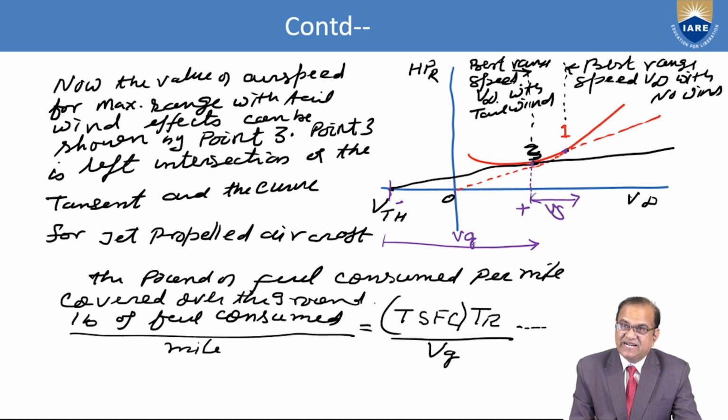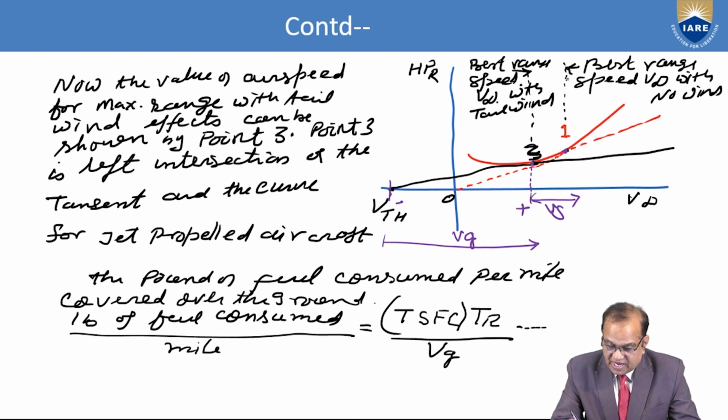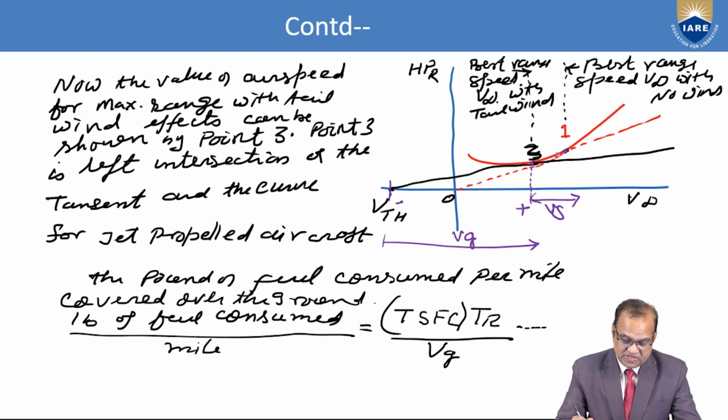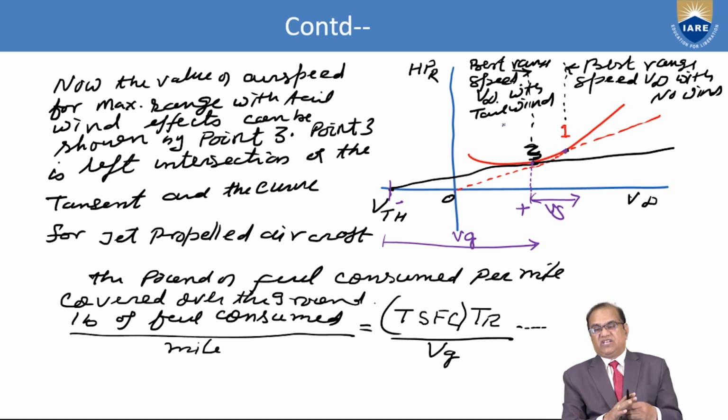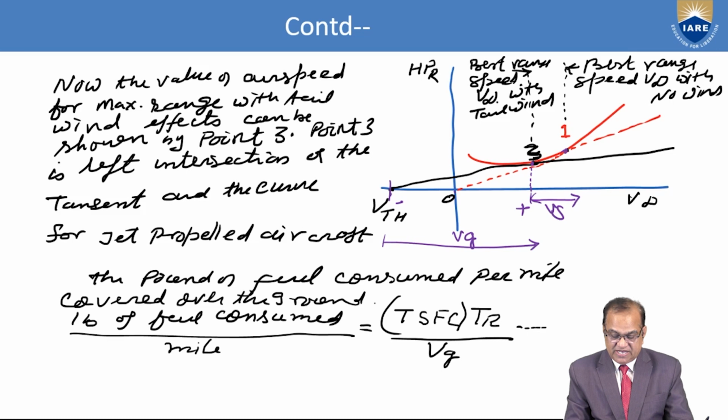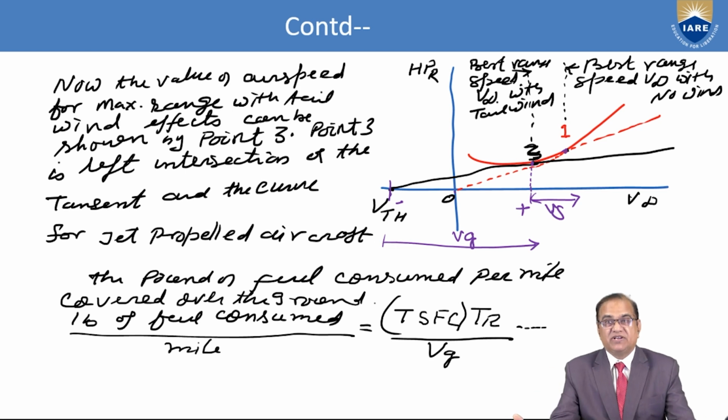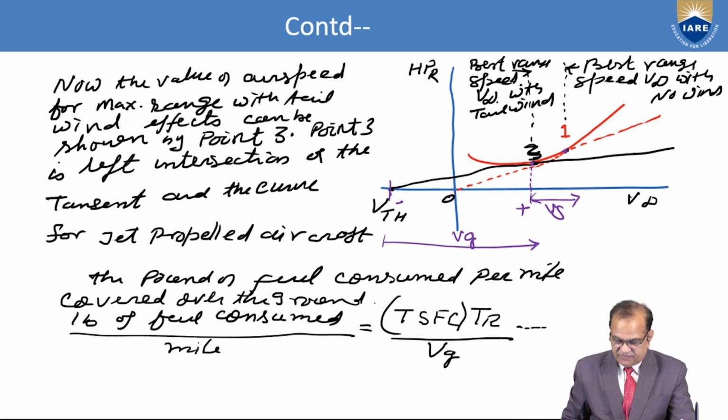So here it is added, and if you see at 1, best range speed V infinity with no wind, best range speed V infinity with tailwind. This is the condition. So VG is further increased. If the VG is increased, it is in the denominator, so the net fuel consumption of the aircraft will be reduced and range will be increased. So that is the benefit of this.